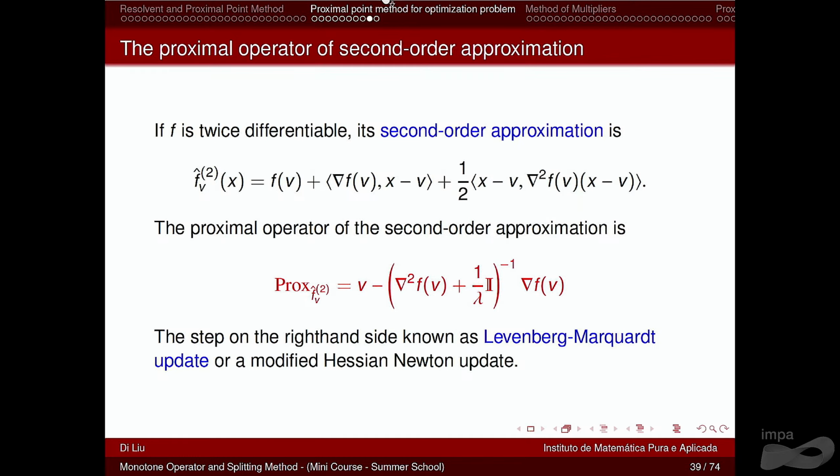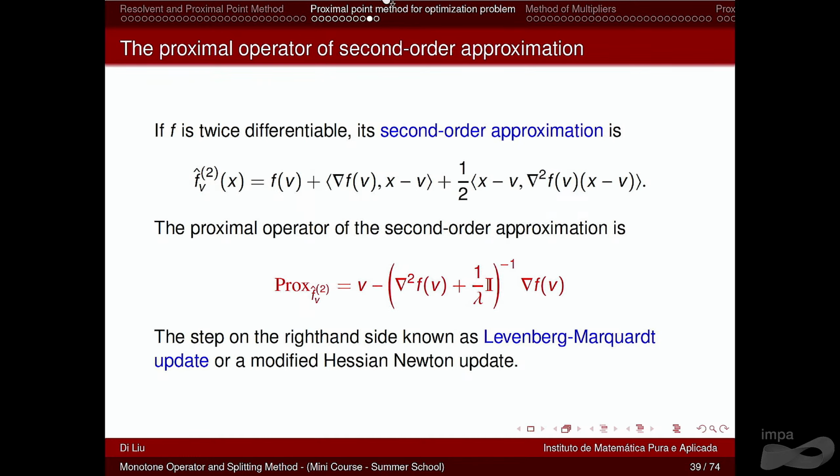And if it is twice differentiable, we can have the second order approximation. It has the function value, the first order approximation, and the second order approximation. And if we calculate the proximal operator of this second order approximation, the computation is not difficult. You can check it very easily. We have this closed formula, okay? If lambda approaches infinity, it's just the Newton method, with the inverse of the Hessian of f.